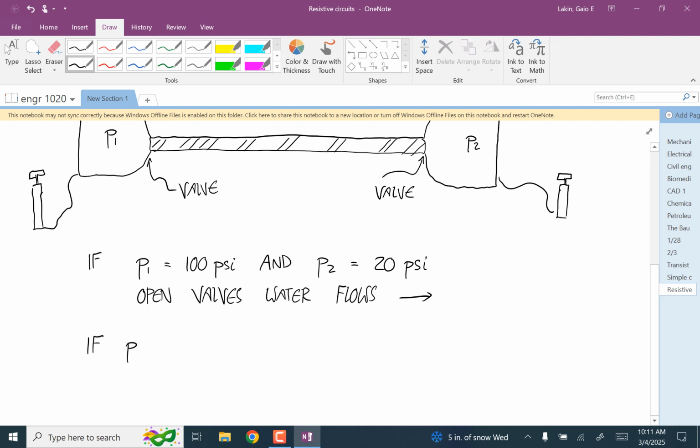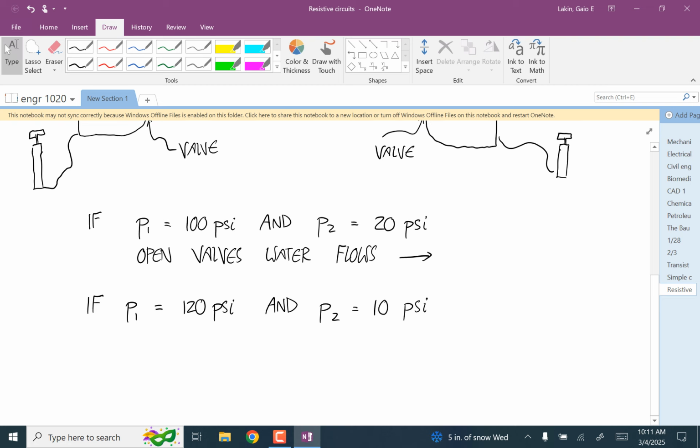Now refill it with water and close those valves. Make P1 equal to 120 psi, and make P2 equal to 10 psi, and open the valves.